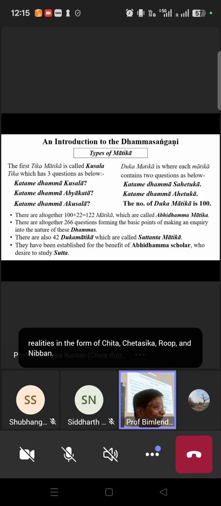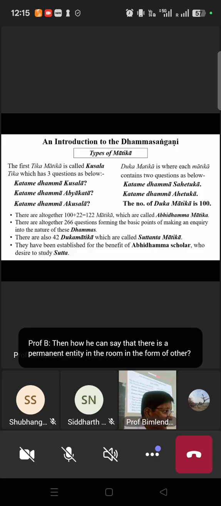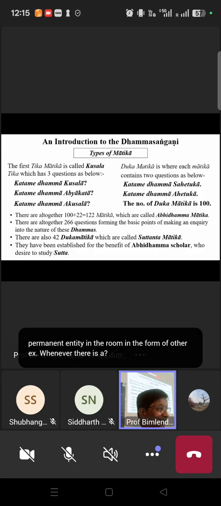Then how could he say that there is a permanent entity at the root, in the form of Hadaya? Whenever there is a concept of Hadaya, it means that there is a concept of Atma also. So the Buddha tried to avoid this concept of Hadaya Rupa in Dhammasaṅgaṇi.